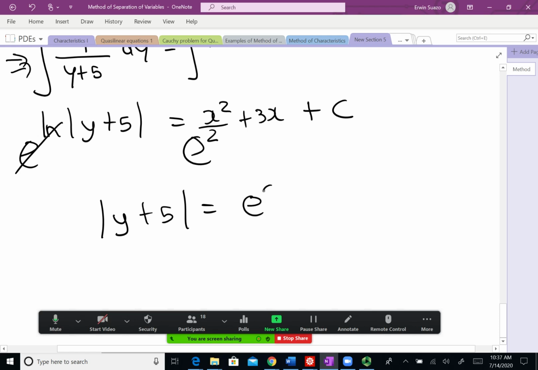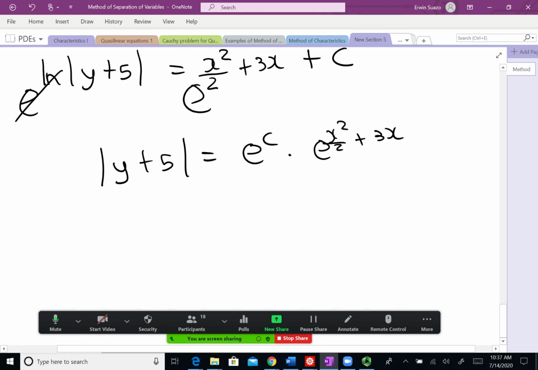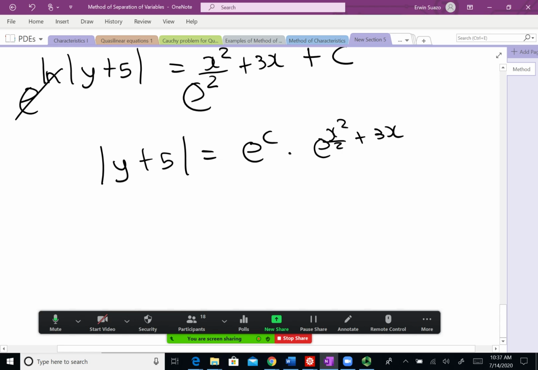This is e to the c times e to the x squared divided by 2 plus 3x. And now what? How can I eliminate the absolute value? You just do this. y plus 5 equals plus or minus e to the c e to the x squared over 2 plus 3x.